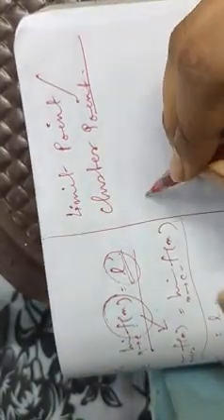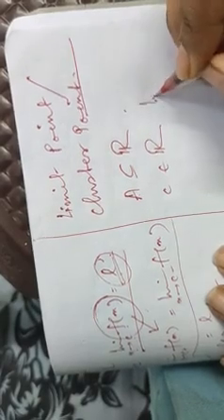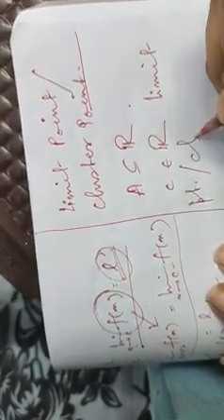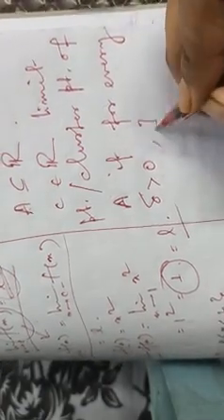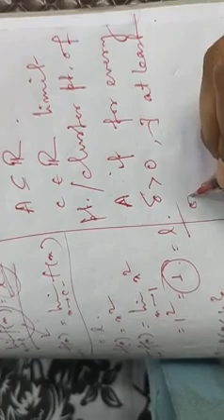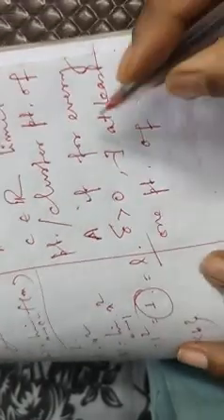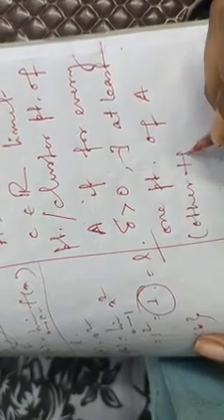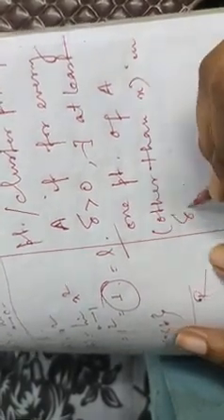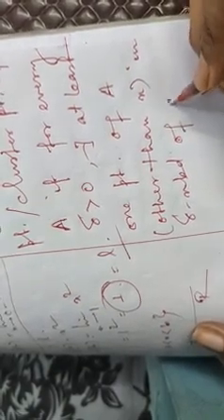Suppose we have a set A subset of R, and a point c belonging to R is said to be a limit point or a cluster point of the set A if for every delta greater than 0, there exists at least one point of A, other than c, in the delta neighborhood of c.